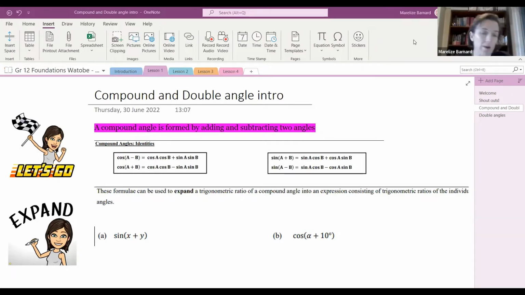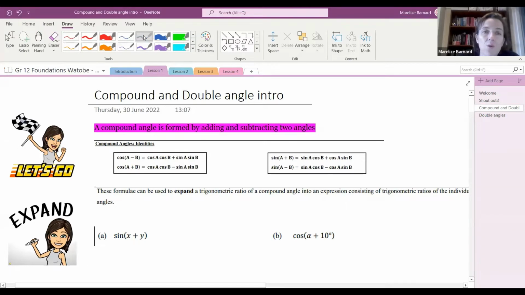Now, these compound angle identities are on your formula sheet, so you have no need to memorize them. Where they come from, how they are derived, is not something that we're going to be covering in this course, but your textbook should have it, or your teacher at school might have gone through that already.